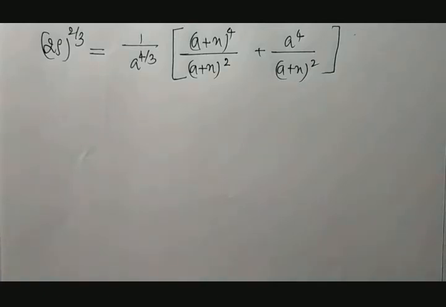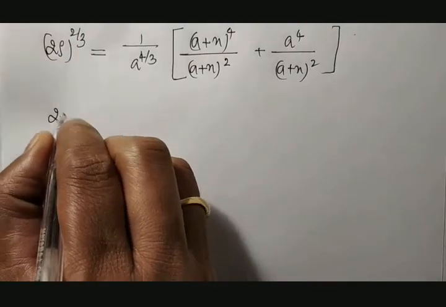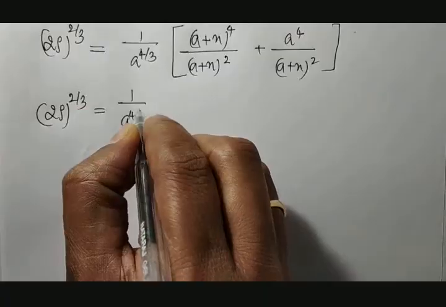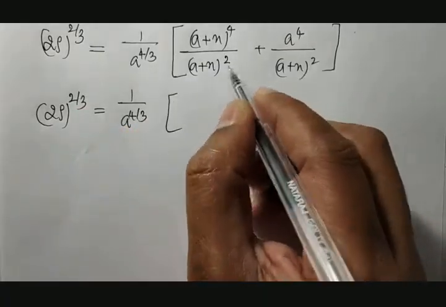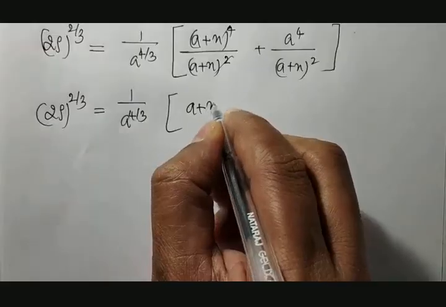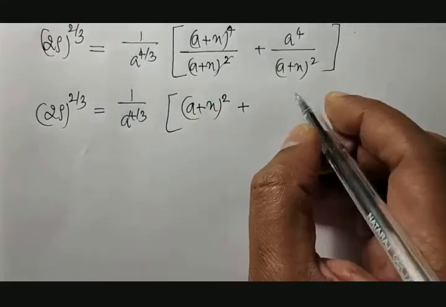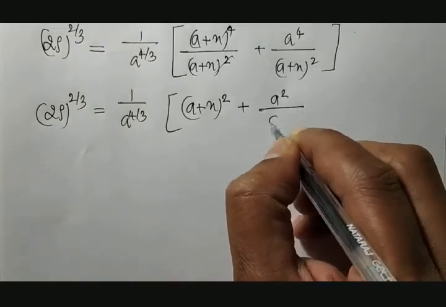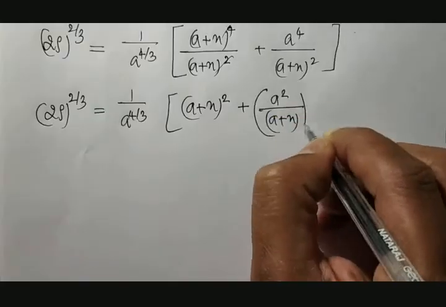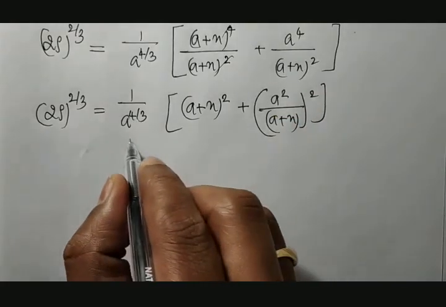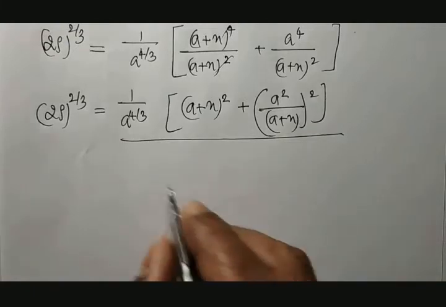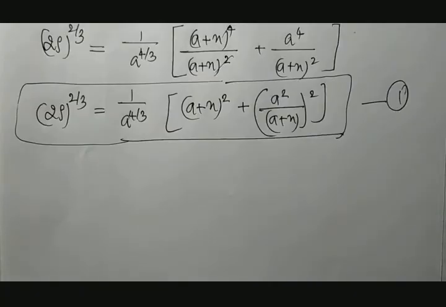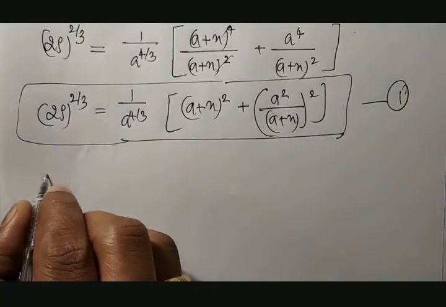Which is equal to 2 times rho raised to 2 by 3 is equal to 1 divided by a raised to 4 by 3, that into, it gets cancelled. Therefore it is a plus x the square plus a square divided by a plus x the whole square. Fine. This whole thing will be taken as equation number 1.